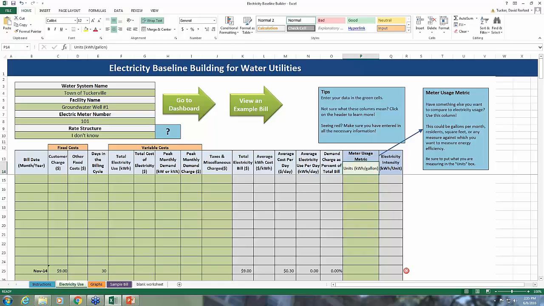So if it's kilowatt hours versus per gallon of water produced, or per amount of chemicals used, or per number of customers for the water system, you can put that denominator in here, the number of gallons, people, what have you, and then that intensity will be calculated here automatically in column Q.